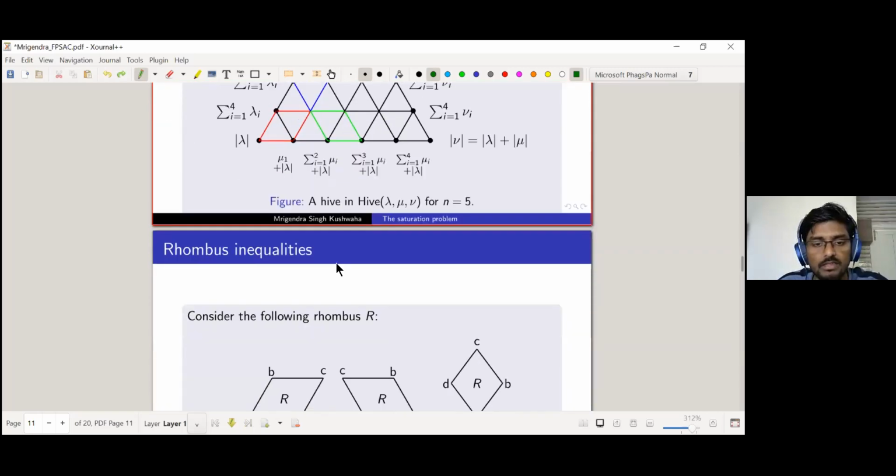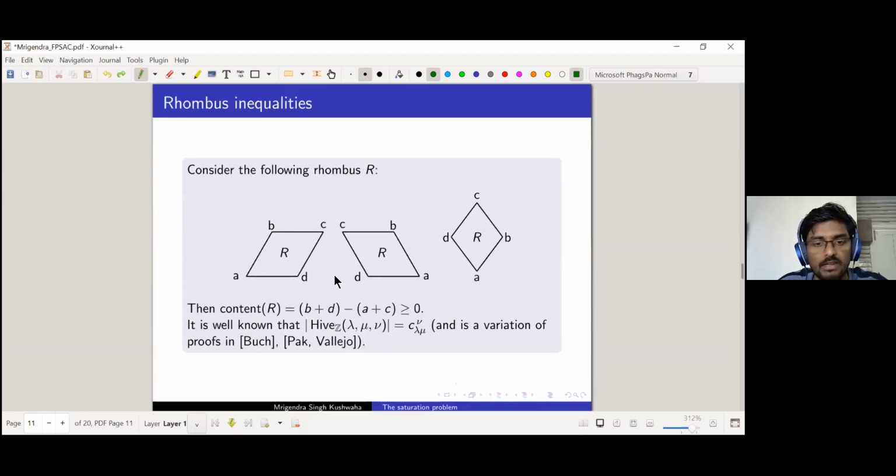So what is the condition on filling those numbers? Whenever you have a rhombus, northeast or southeast or vertical, we define the content of the rhombus to be the sum of the obtuse angles, that is B plus D, minus the sum of the acute angles. So the condition is that the content of R should always be greater than or equal to 0 for any rhombus.